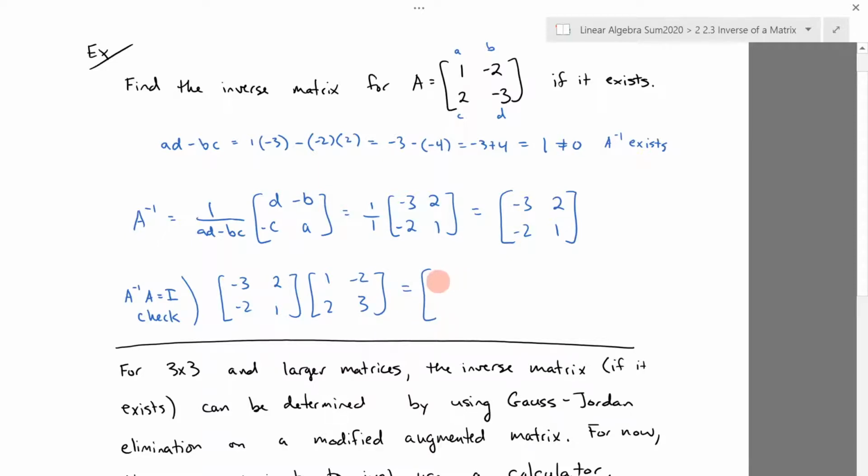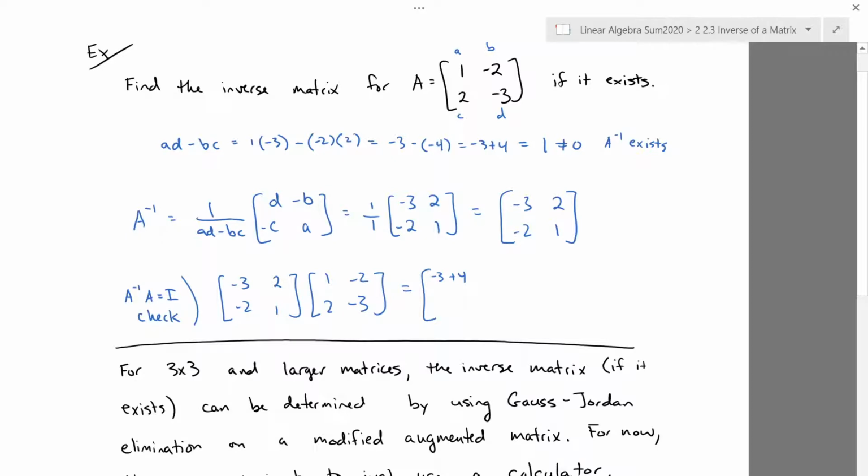So this entry is negative 3 plus 4. This entry is, so this should be in the negative 3.